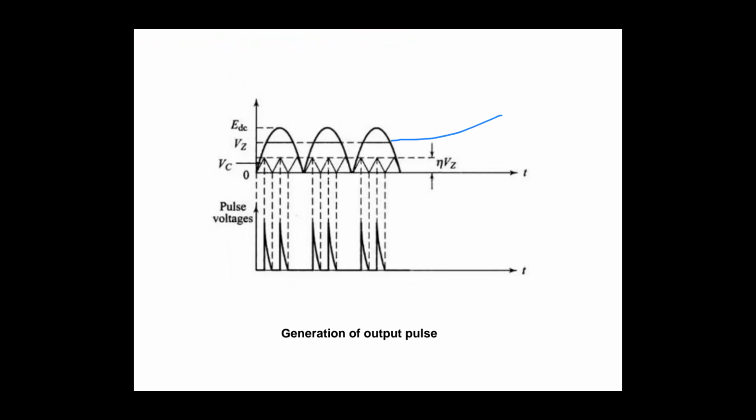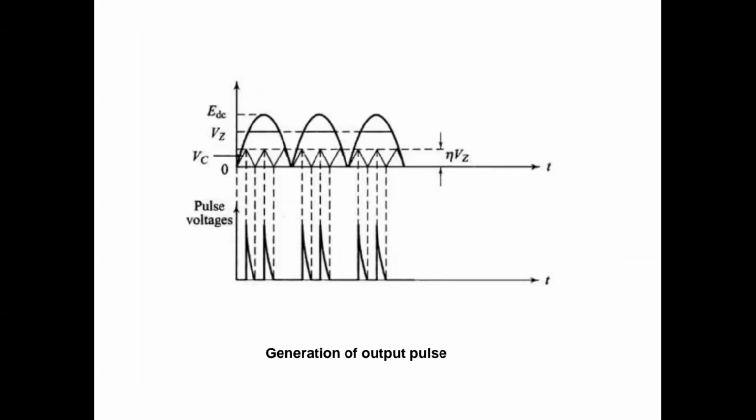In the discharging path the UJT is turned on, and the voltage pulses are available at the secondary of the transformer. Using these pulses we are able to turn on more than one SCR. So this finishes module 2, SCR.